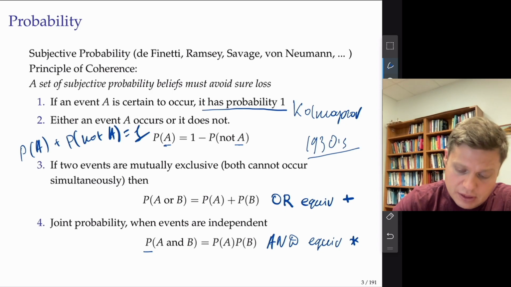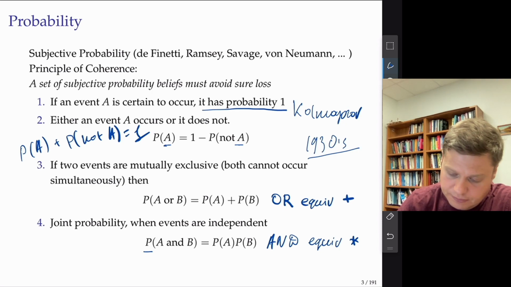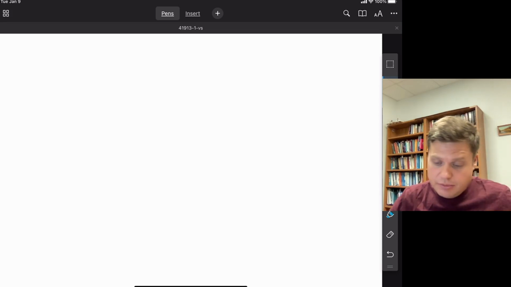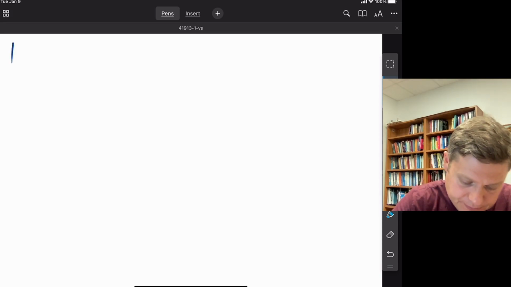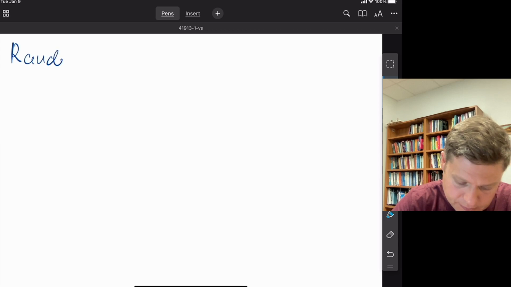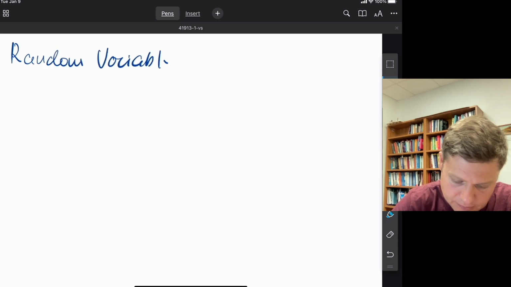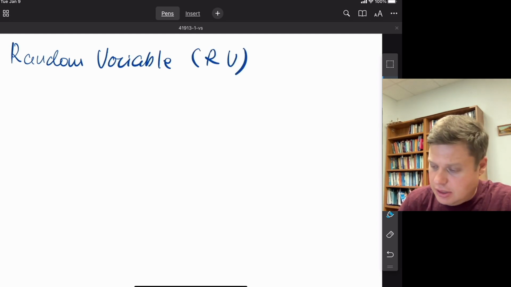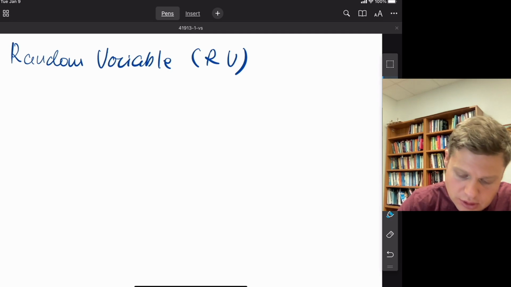Let's talk about what a random variable is. A random variable, RV for short, is basically a tuple, a duo.